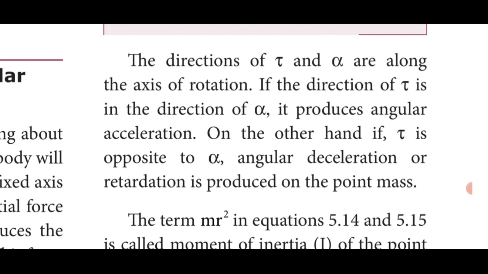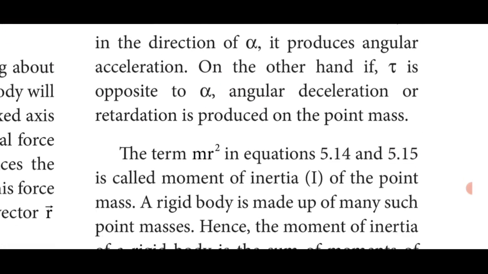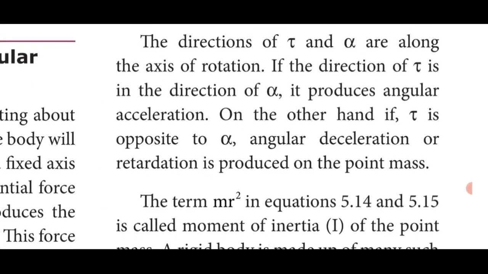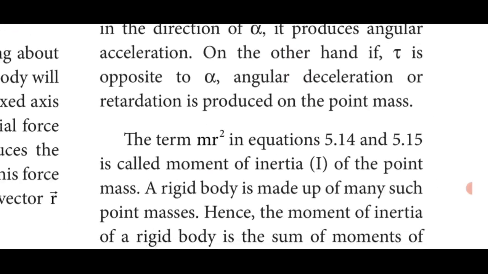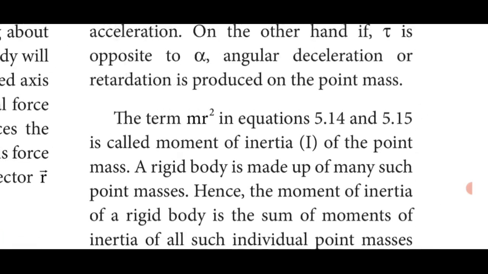On the other hand, if tau is opposite to alpha, it produces angular deceleration or retardation.